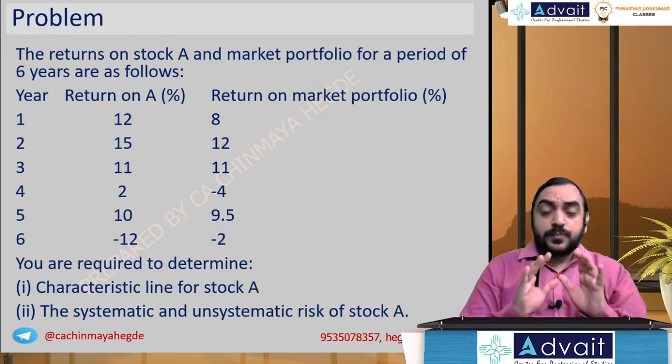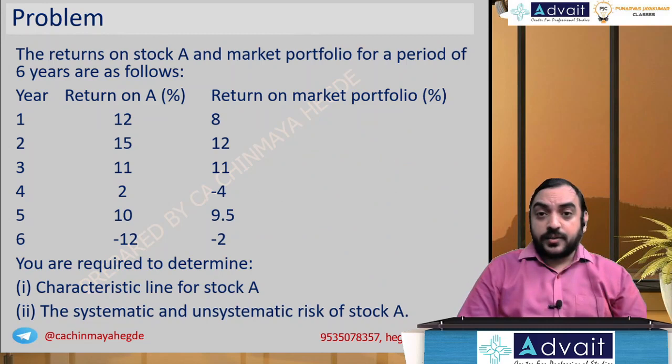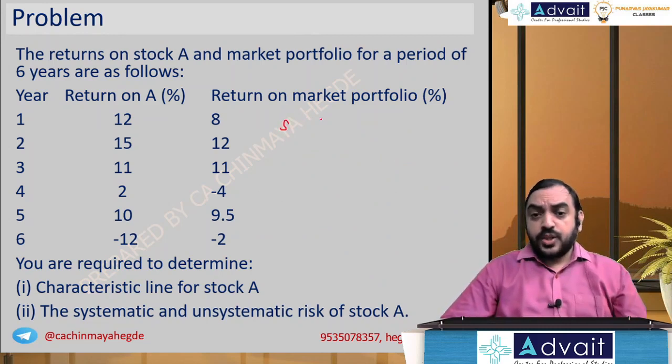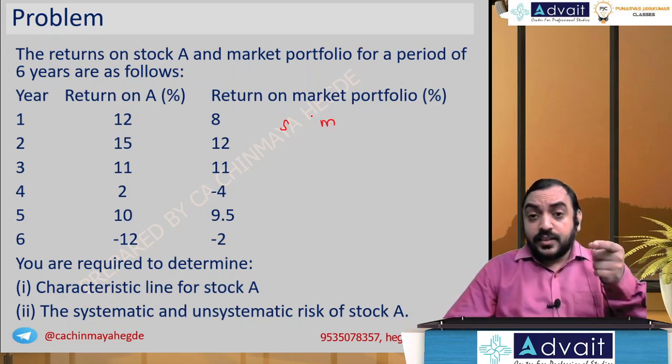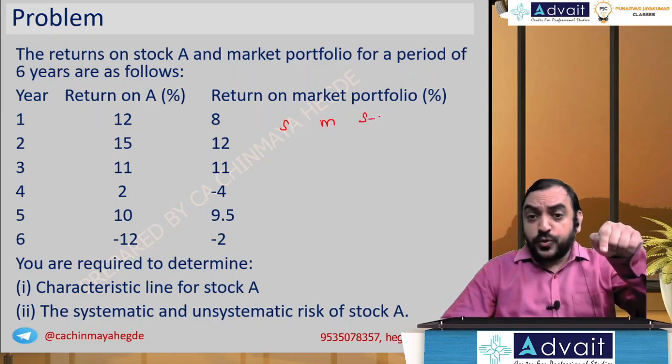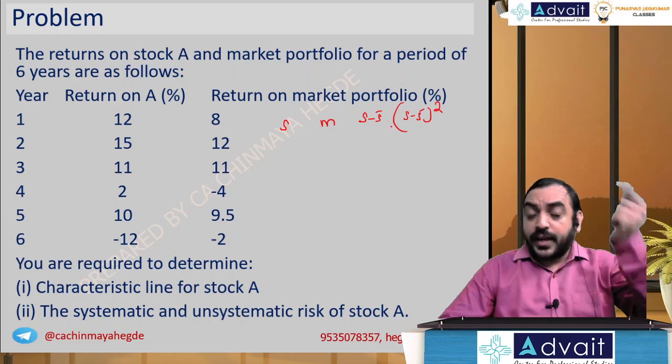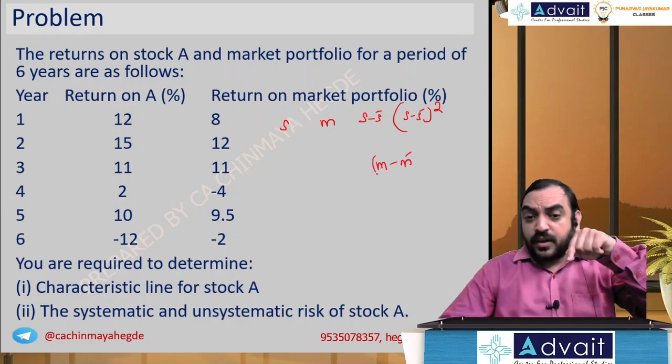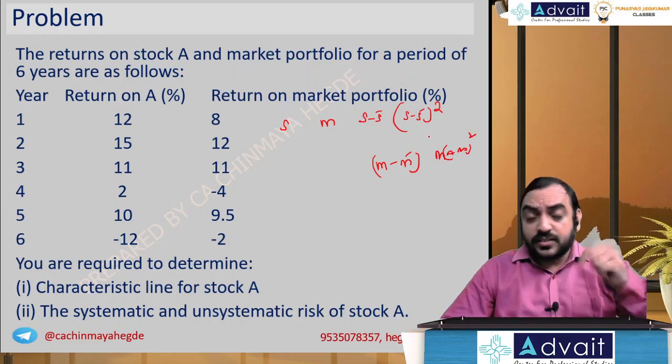But in either case, what are the columns we require? One column for security return, one column for market return. I need the standard deviation of security, so I'm going to do S minus S bar whole square, and M minus M bar whole square, because I need market standard deviation.